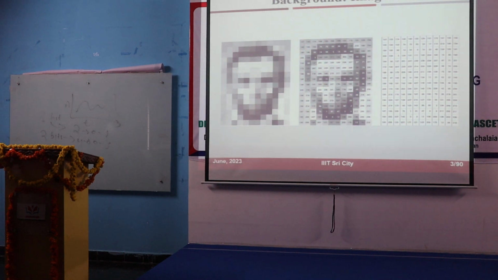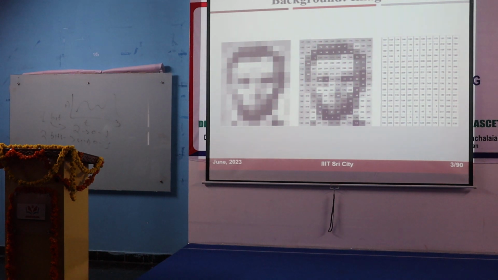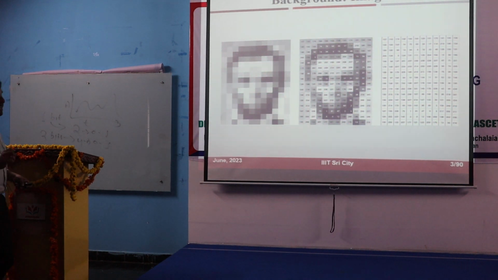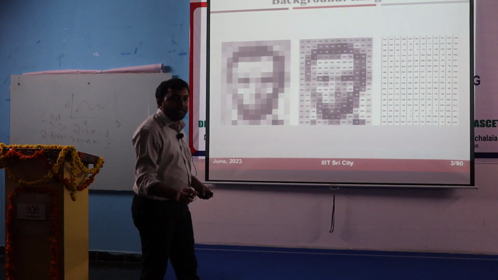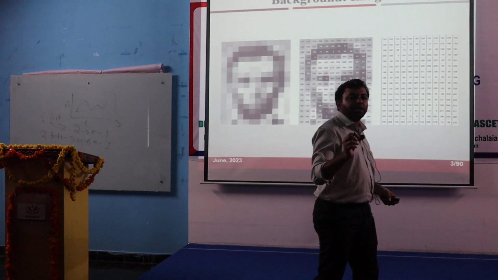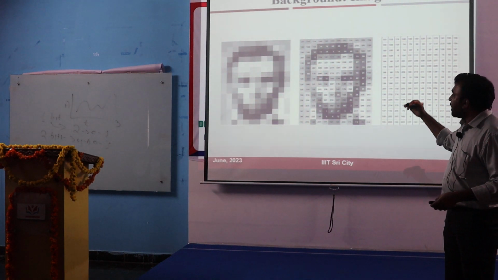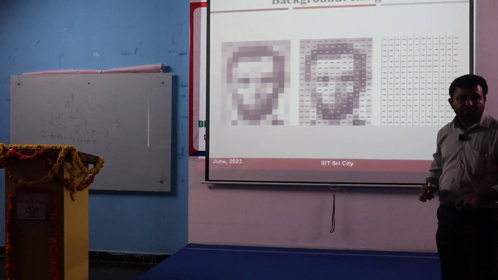So if I have 1 bit, I have only 2 values, 2 bits means 4 values, 3 bits means 8 values. So that means 2 raised to n. How many bits I am using, that many levels I can have. This is called the radiometric resolution of an image. It means how many bits you are using to represent a particular pixel, that denotes how many levels you can have.